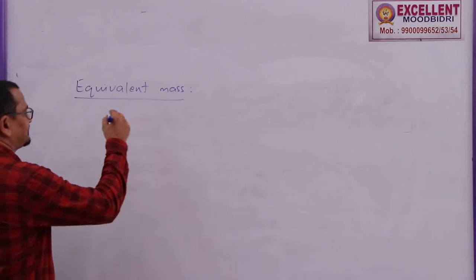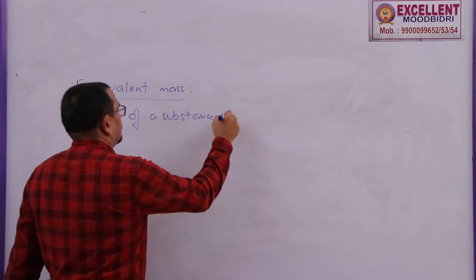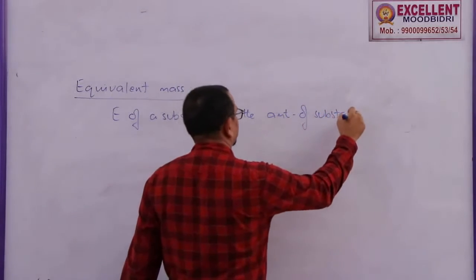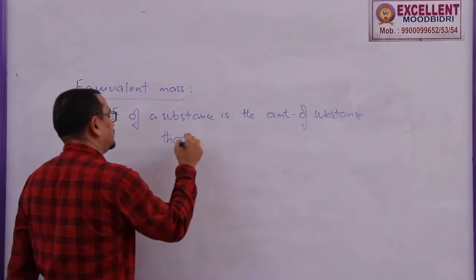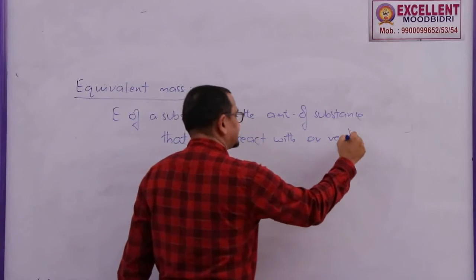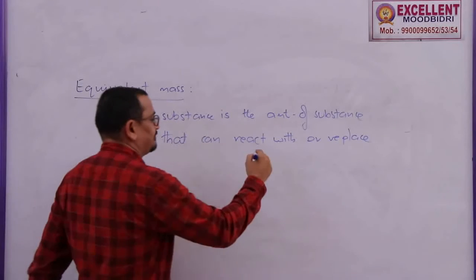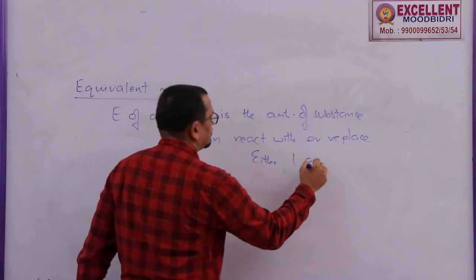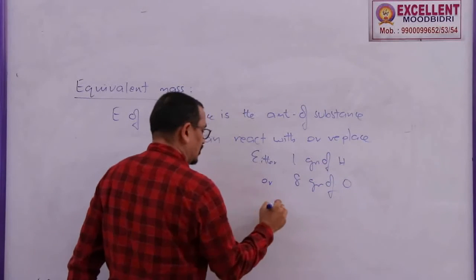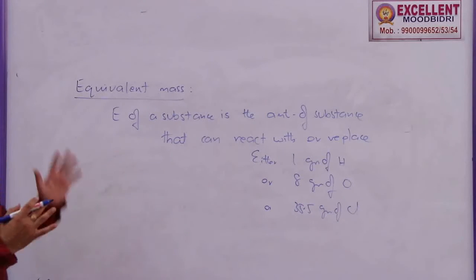Equivalent mass of a substance is the amount of substance that can react with or replace either 1 gram of hydrogen, or 8 grams of oxygen, or 35.5 grams of chlorine. So this is the basic definition for equivalent mass.